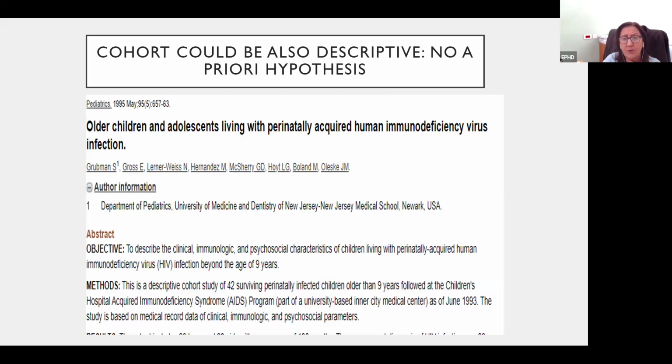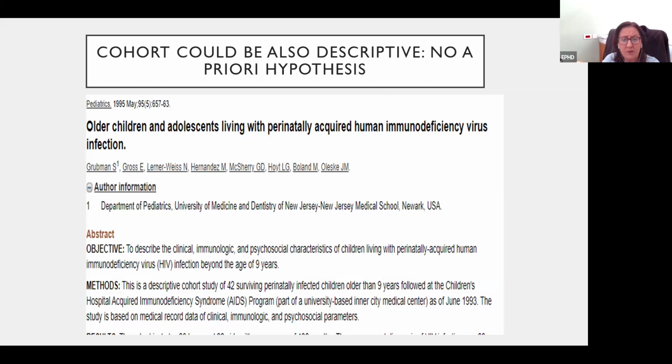A cohort as well could be, by the way, descriptive, i.e. with no a priori hypothesis. I found this example. It's an old example. I couldn't find a different one, I haven't searched much. So this is older children and adolescents living with perinatally acquired HIV infection.